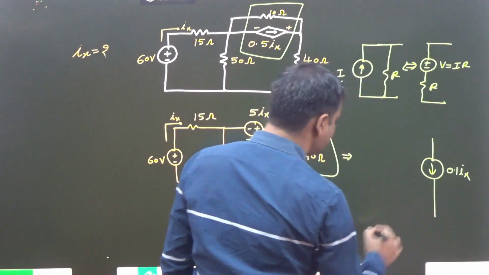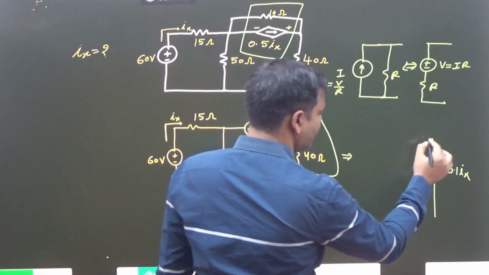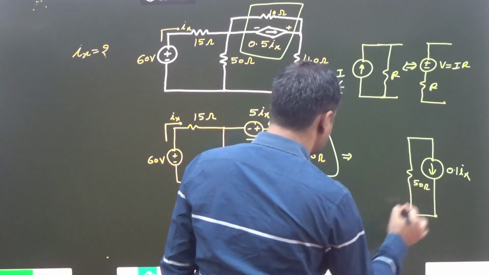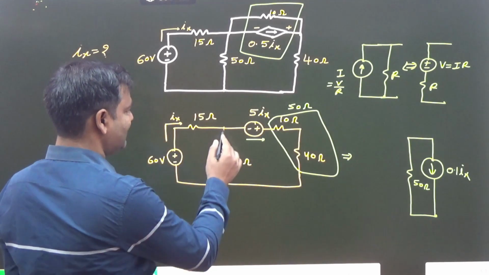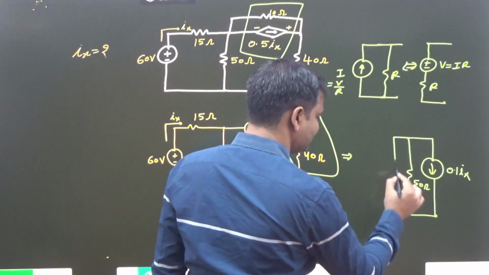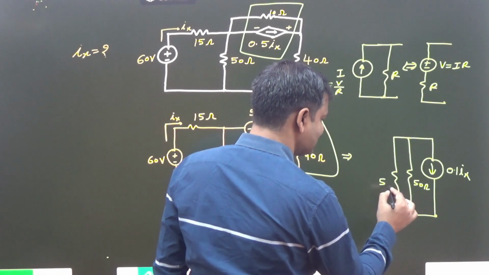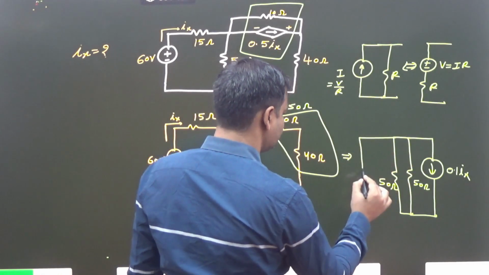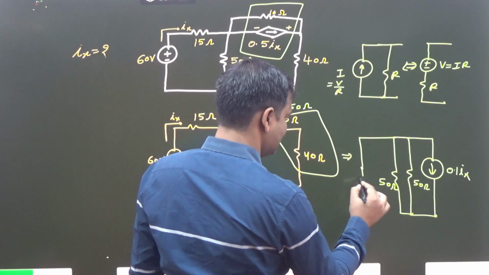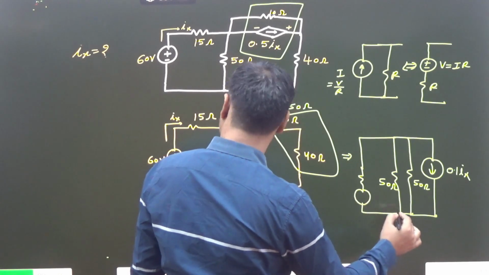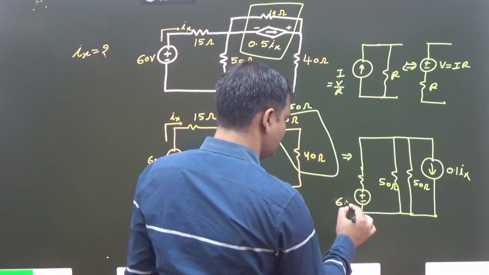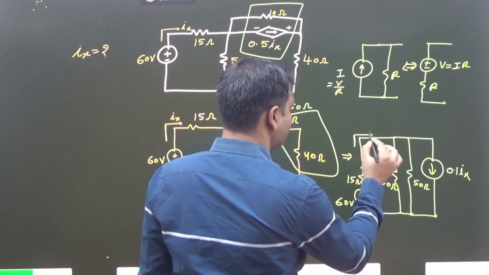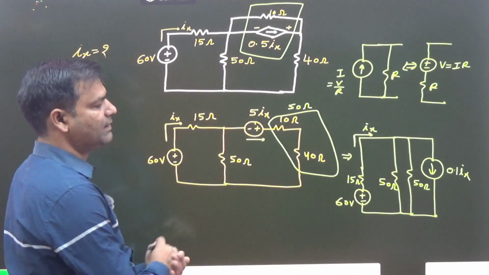And represent it like that, and that one is 50 ohm. After that, that one is also 50 ohm. Okay, and the voltage source and resistance, here the voltage source is 60 volt, and here 15 ohm. And what about the current in this branch? That is Is. Clear or not?